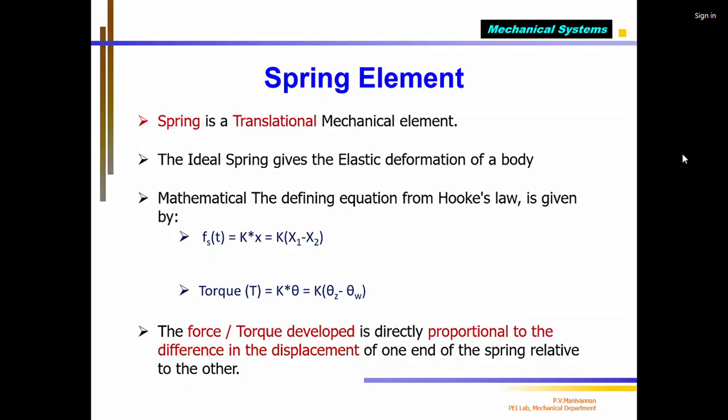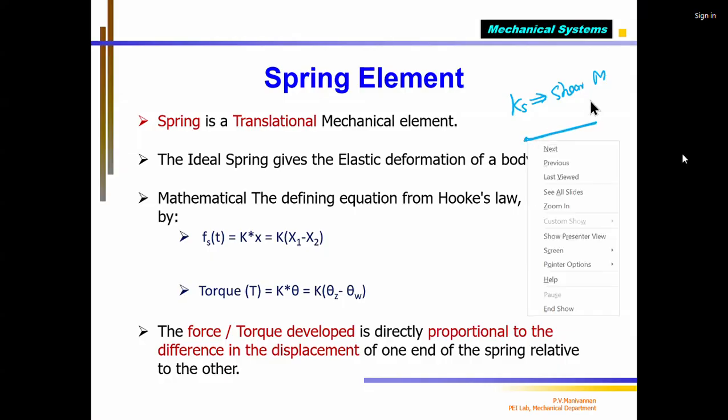See, for example, spring stiffness is a system parameter. Ks is the spring stiffness. That depends upon the shear modulus of the material. Say you are taking a wire, a spring steel wire or a bronze wire.